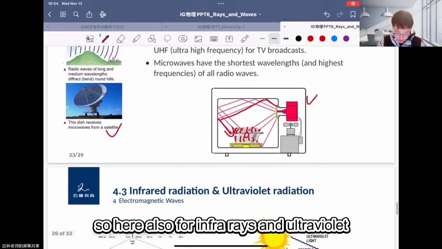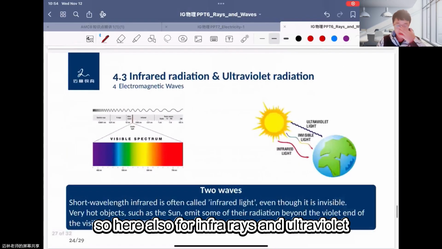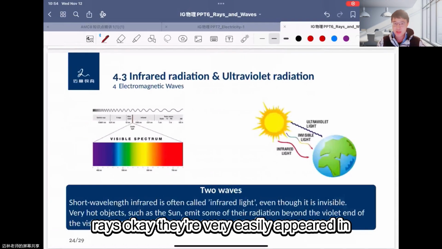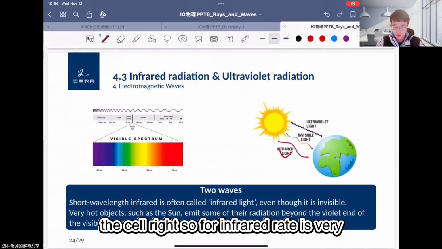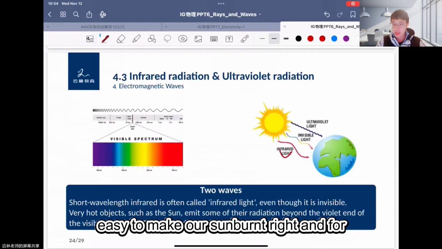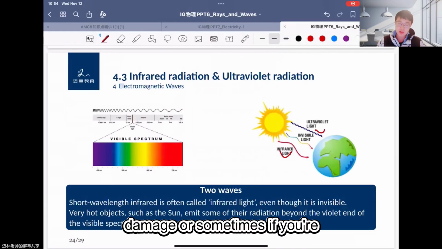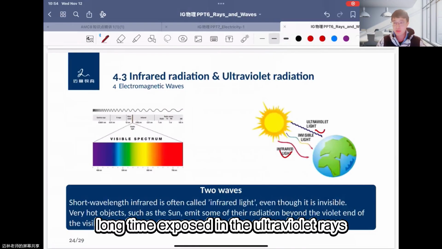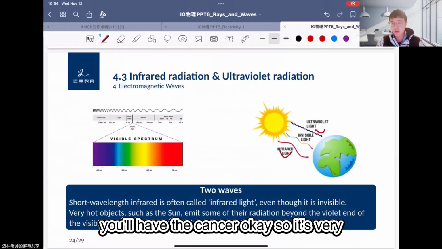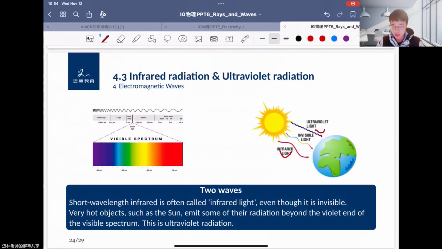Infrared rays and ultraviolet rays easily affect the cells, right? Infrared rays can easily make us sunburned. Ultraviolet rays can damage our cells, and if you're exposed to ultraviolet rays for a long time, you may get cancer. So it's very dangerous to stay in ultraviolet rays many times.